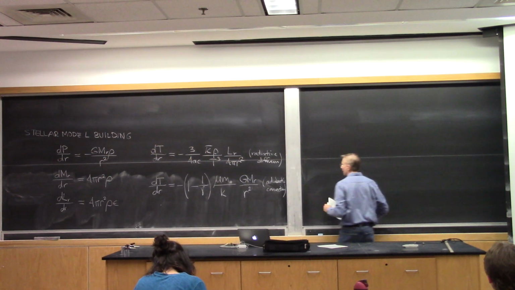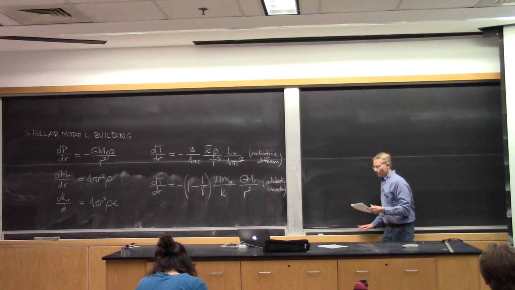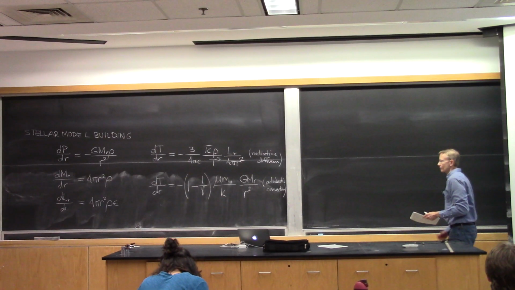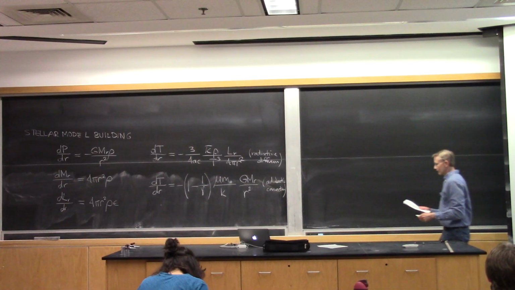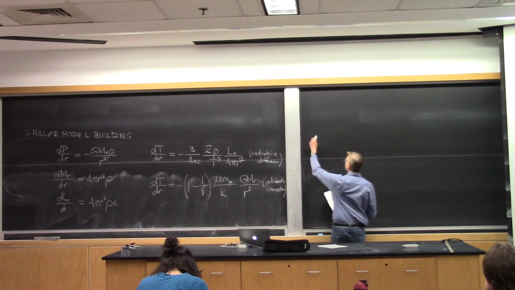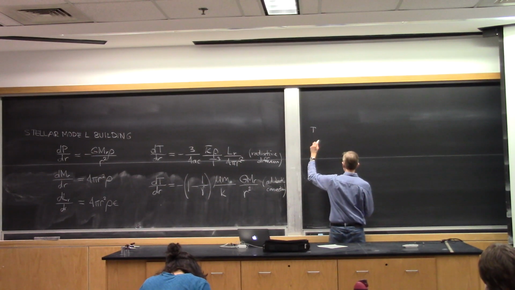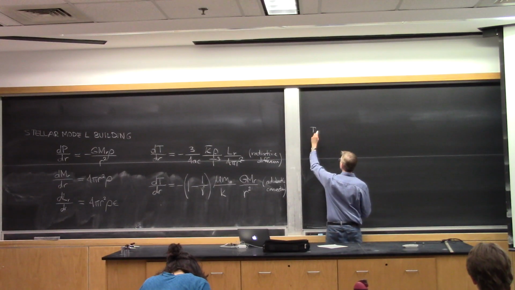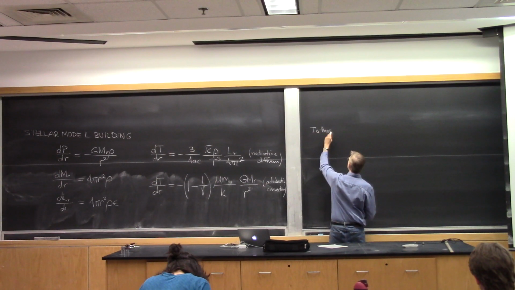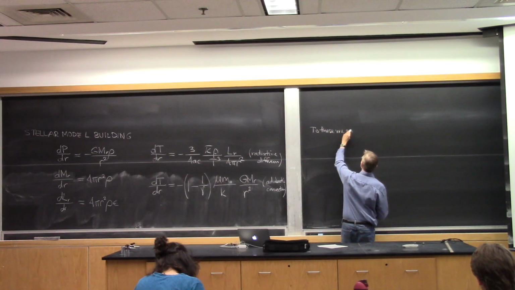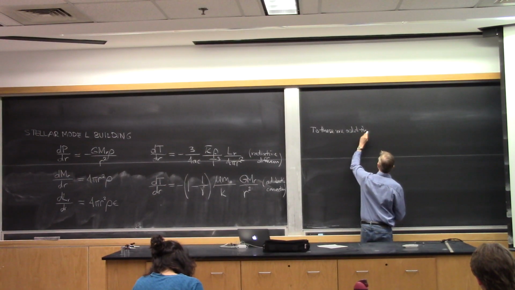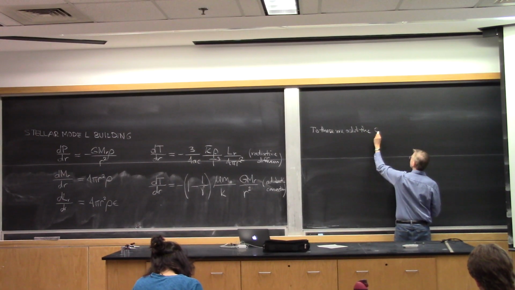But that's not enough, because we don't have enough equations for all of the unknowns we have. So to these, we're going to add what are called the constitutive relations.